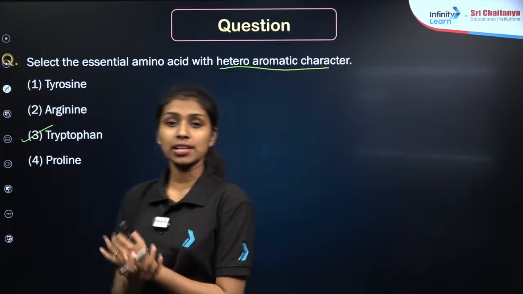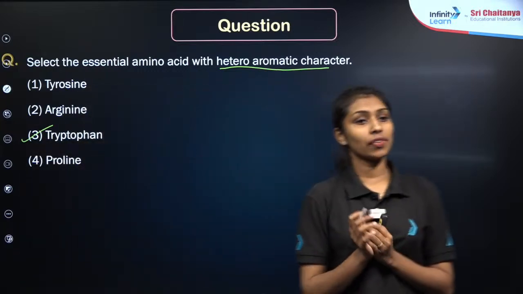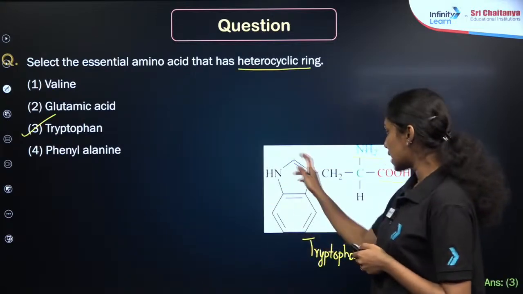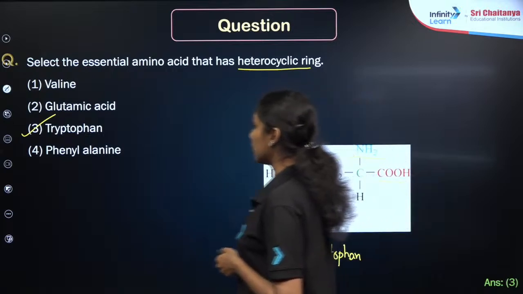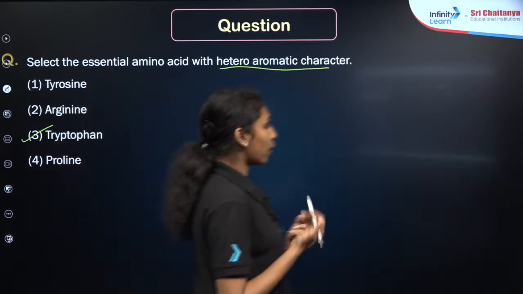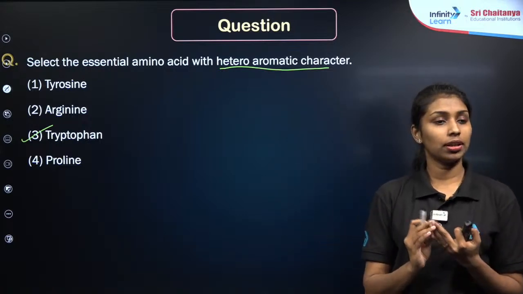Heteroaromatic character and heterocyclic ring mean the same property. So again tryptophan is the same molecule because of the presence of this heterocyclic ring, right? Because it has a heterocyclic ring, it has heteroaromatic character. So tryptophan, option 3, will be the correct answer. Is that clear?